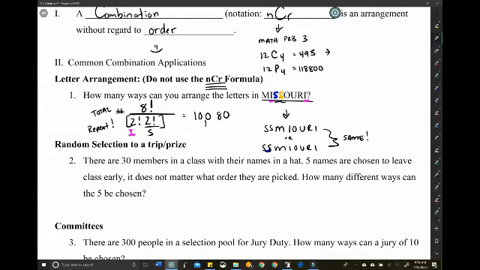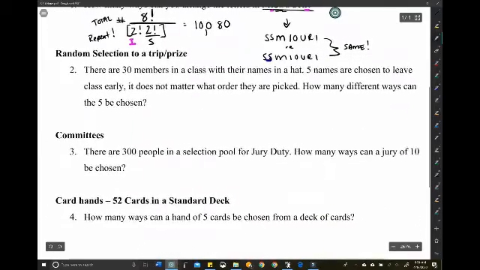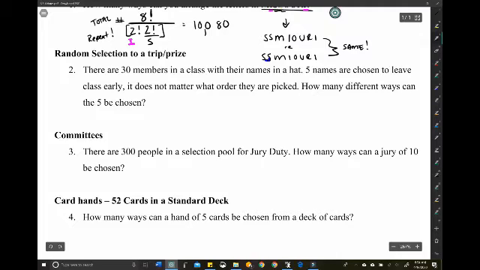So with Missouri, you can have fun with all sorts of different words now. For ones that involve the nCr formula, those are going to be more specific, like how many ways can they be chosen. Most likely, if you see the word chosen, order doesn't matter. So, 30 members in a class with their names in a hat, and 5 names are chosen to leave class early.